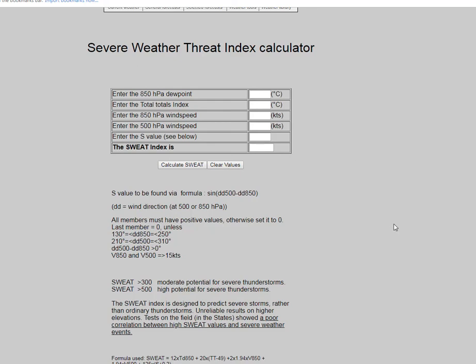I have a little note here I wanted to share. Most typically, these are just some observations I've made. A SWEAT index of greater than or equal to 350 means tornadoes are possible. Greater than or equal to 450, intense tornadoes are possible. And greater than or equal to 550, violent tornadoes become possible. I've noticed a lot of times many F5 tornadoes form in environments with EHI near 600.